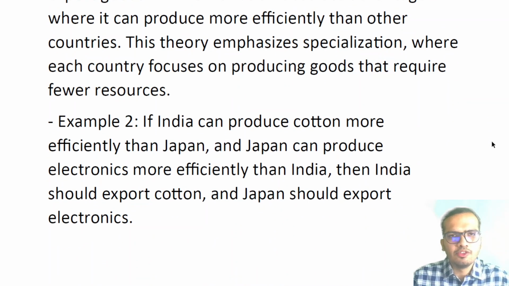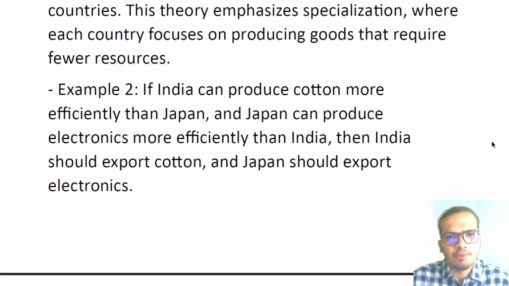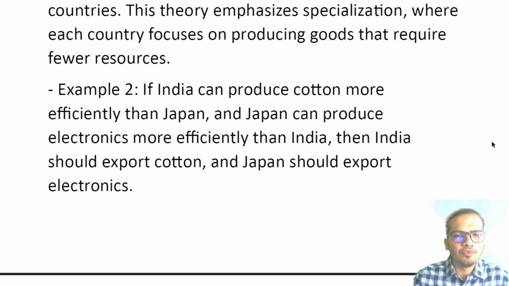This theory emphasizes specialization, where each country focuses on producing goods that require fewer resources. An example could be if India can produce cotton more efficiently than Japan and Japan can produce electronics more efficiently than India, then India should export cotton and Japan should export electronics.